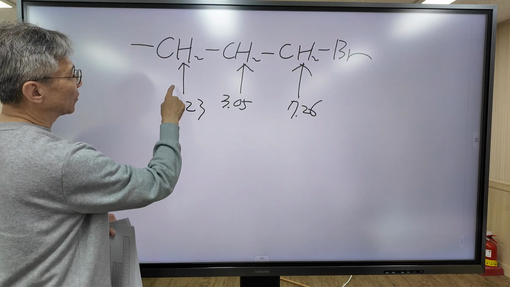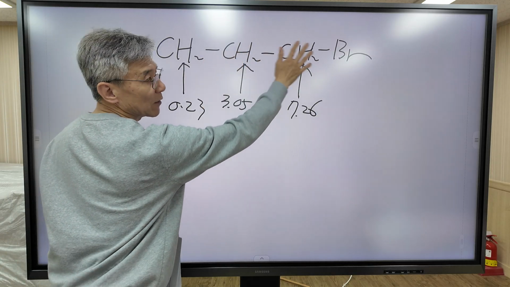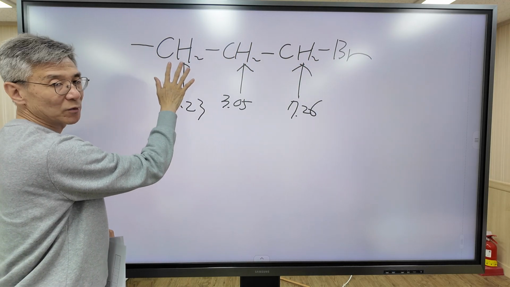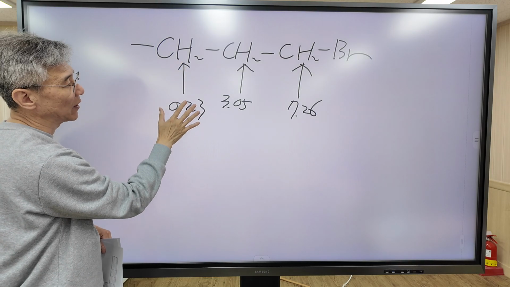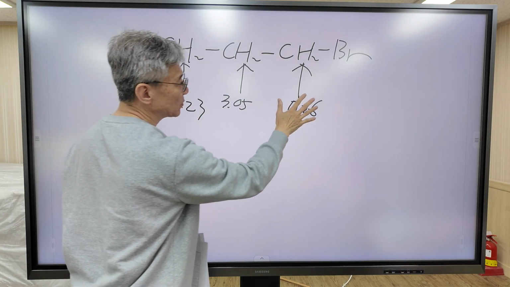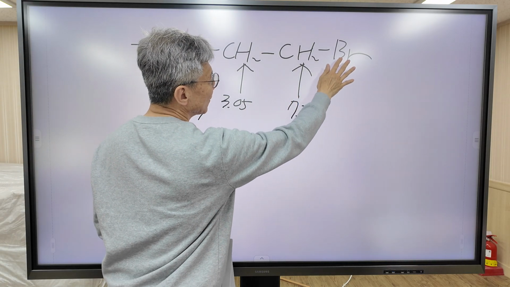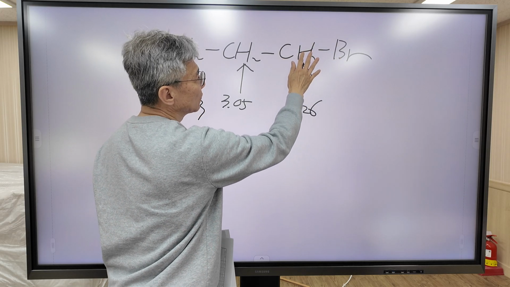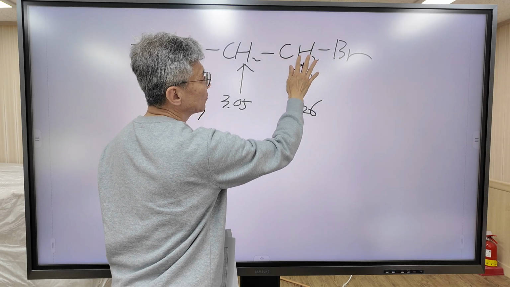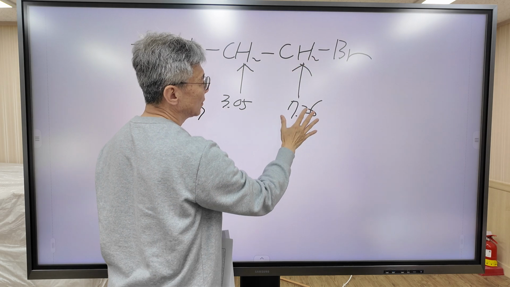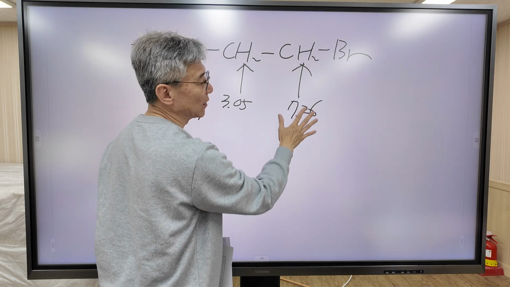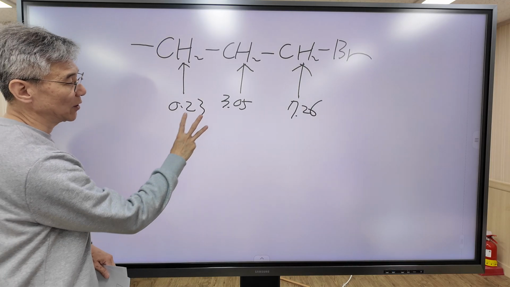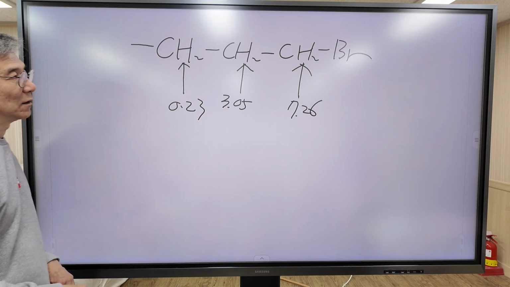In this case, bromine is far away from the proton, so electrons are not removed from the proton. So the chemical shift is very small. But in this proton, bromine is right next to the hydrogen, so electrons are withdrawn from the proton. So the chemical shift is very high. So we observe 3 peaks from this molecule.